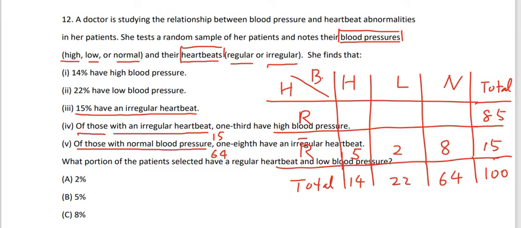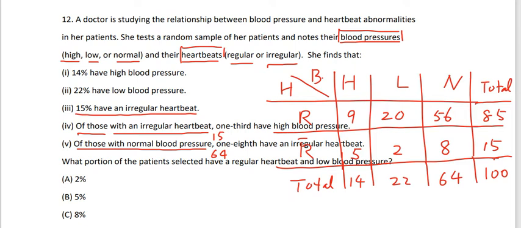Here 22 minus 2 is 20, and 14 minus 5 is 9. And 64 minus 8 is 56.